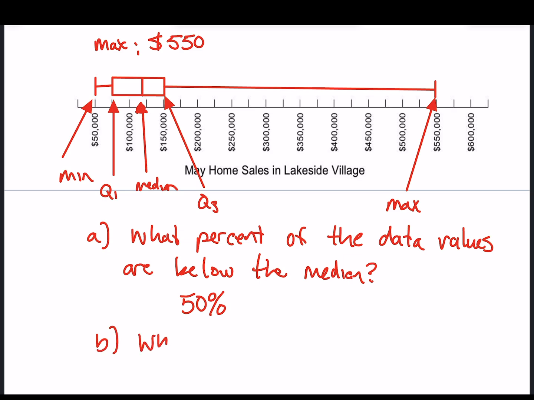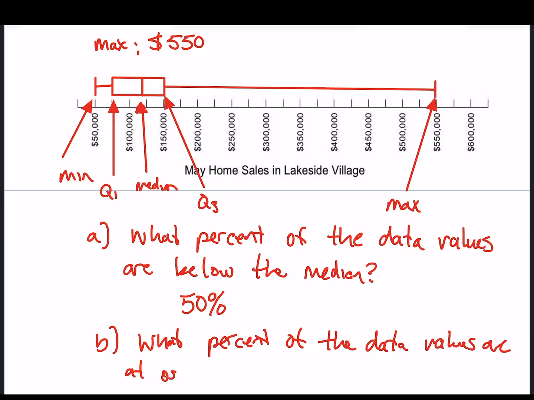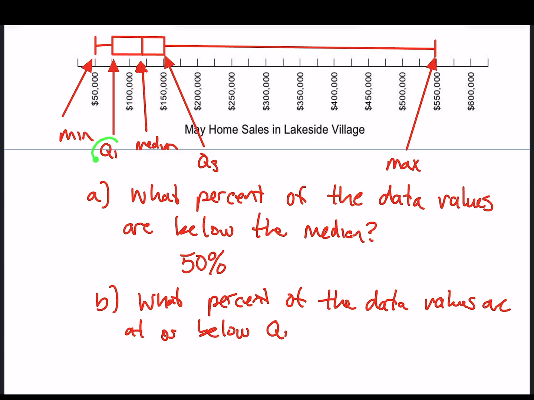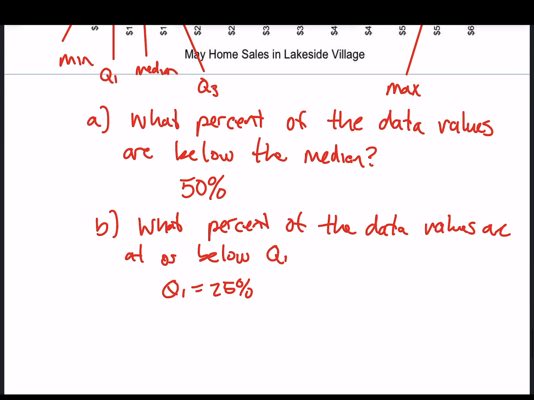Okay, question for part B. What percent of the data values are at or below Q1? Well, this is the same thing. Q1 represents the first quartile or the first quarter. So that means that Q1 is 25%.